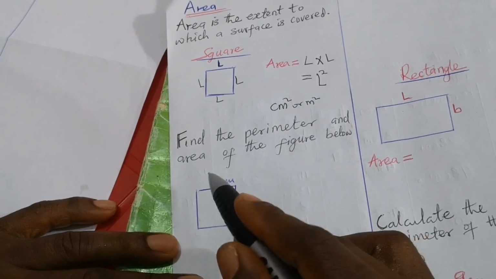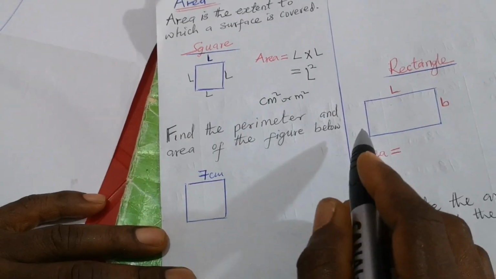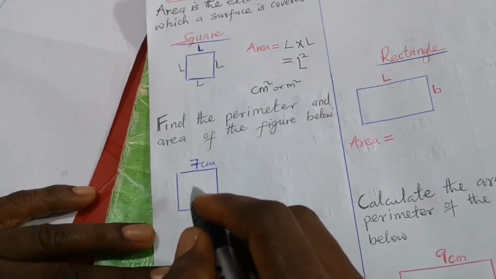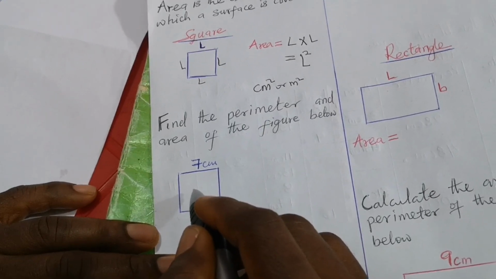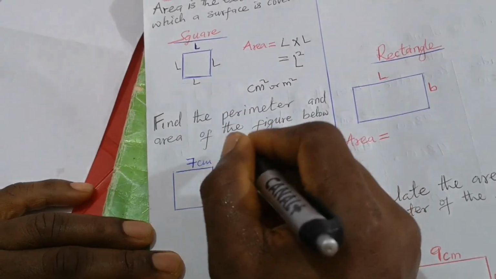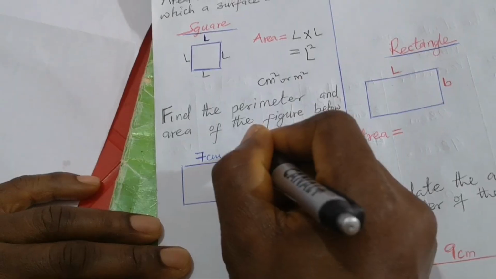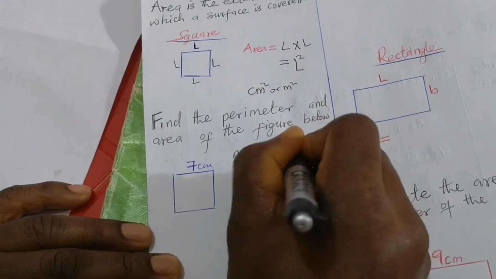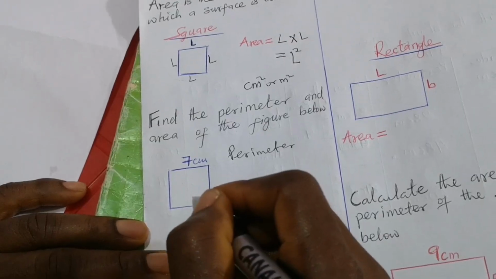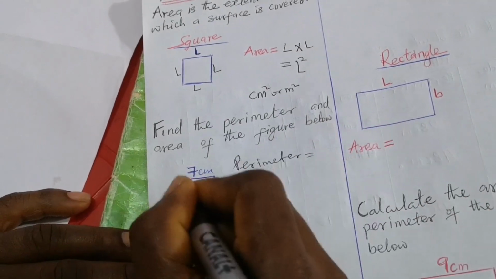We have an example here. Find the perimeter and area of the figure below. So we are to find the perimeter and the area of this figure. First of all, what is the formula for calculating the perimeter of a square? This is a square, and a square has all its sides equal.